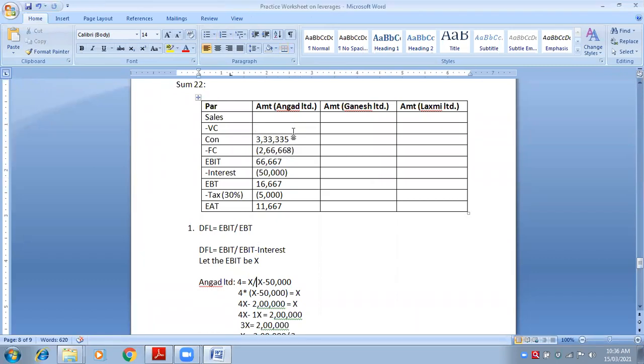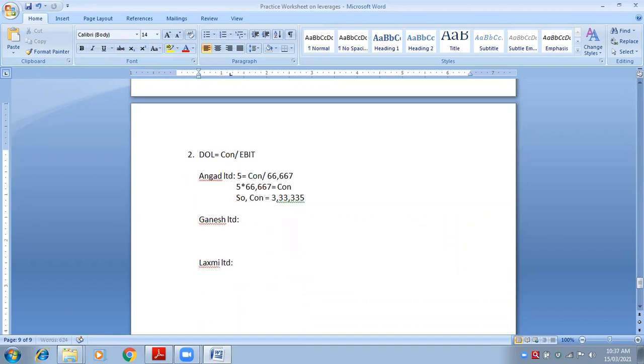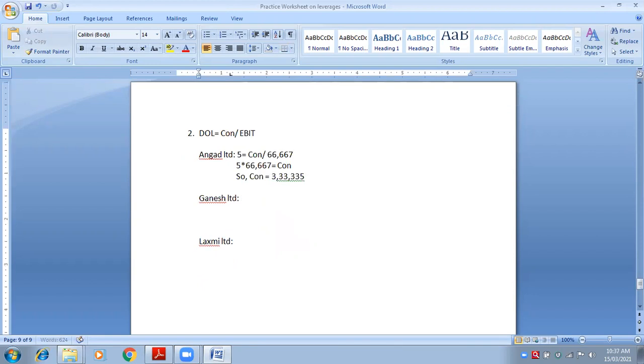So now you need to leave a few lines for Ganesh Limited to find out contribution. You will require 4 lines for Ganesh Limited and 4 lines for Lakshmi Limited. Now come to the next formula, which is PV ratio. PV ratio is equal to contribution upon sales into 100.